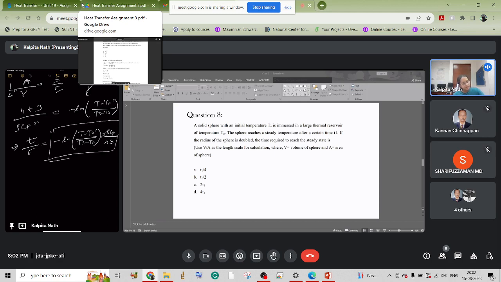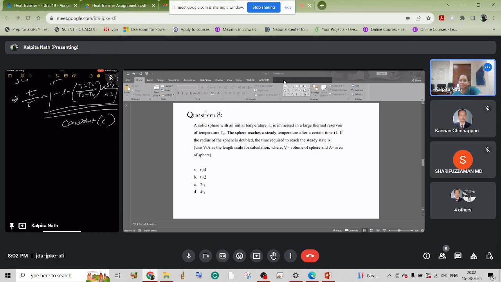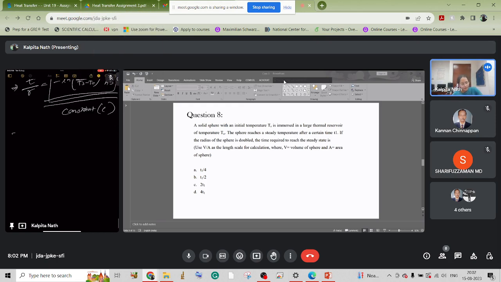This whole thing will be the same for case 1 and case 2, so we can consider it as a constant. Let us take it as C. So t by R is equal to C.